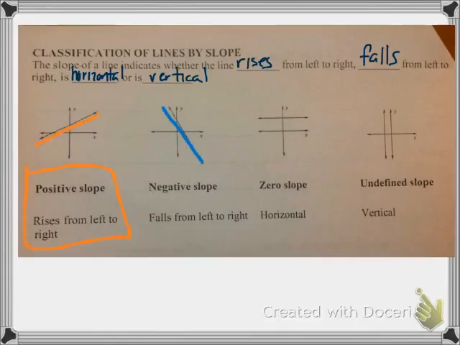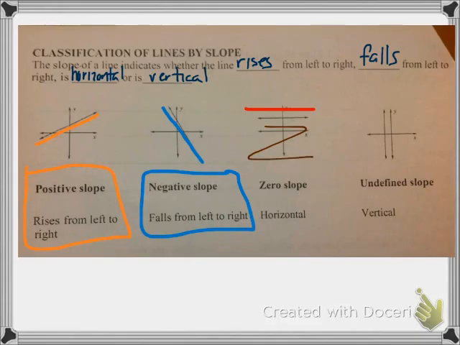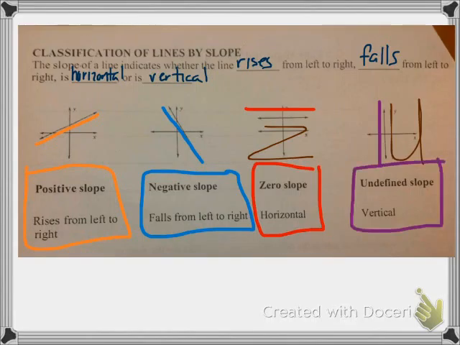If you have a line that is going down, a negative slope, then it falls from left to right. Then you also have one that goes sideways. This is a zero slope. Look at it as making a Z, if you don't remember what makes something a zero slope. That one is horizontal. The other one is the undefined, and for that one you can make a U. That is undefined, and it's a slope that goes up and down, so it's vertical.